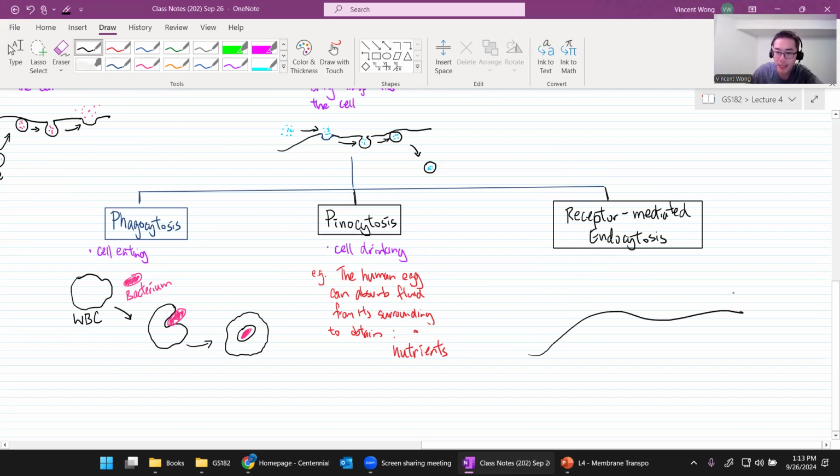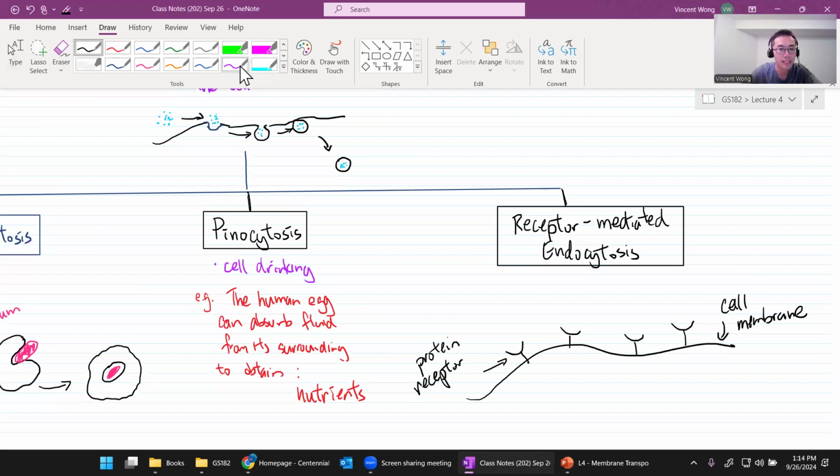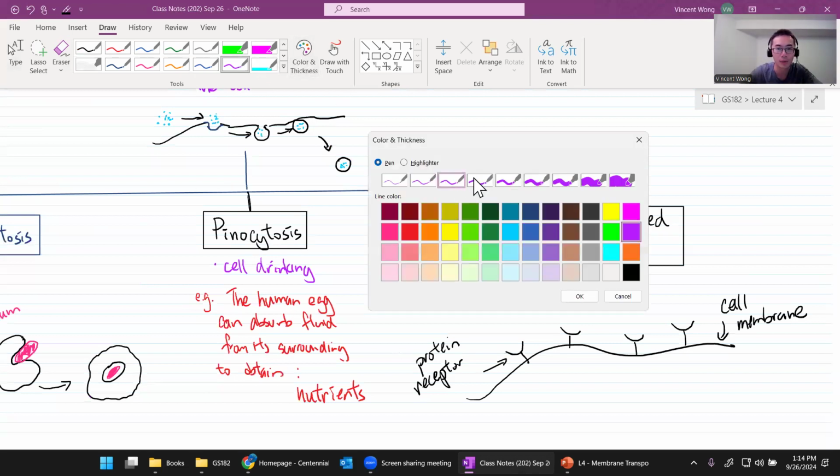So this is the cell membrane, as you should know by now. And on the cell membrane, there are little receptor proteins. We learned about receptor proteins last class, but these are a little bit different. These are protein receptors. And there are different things in the cell's surrounding.